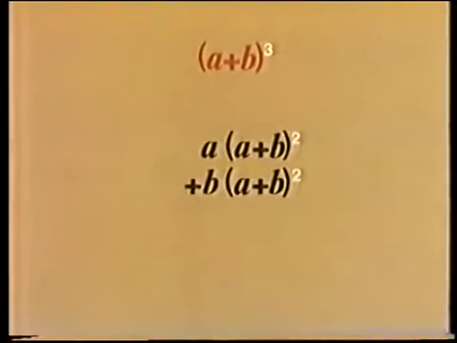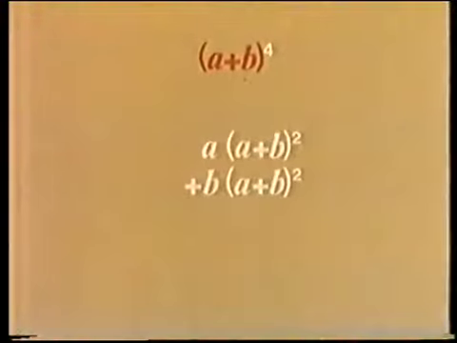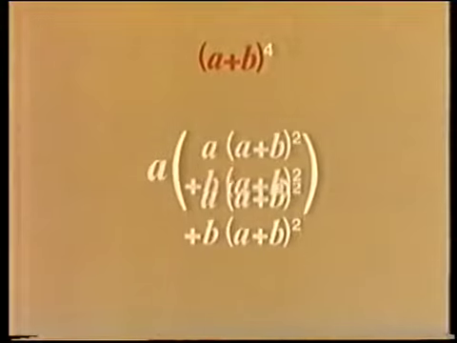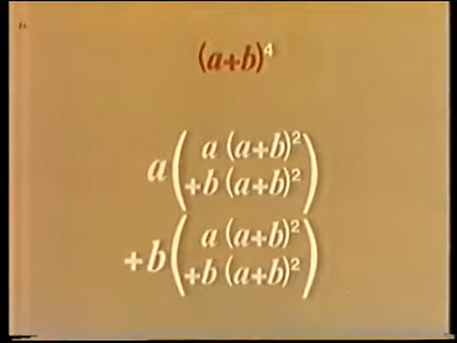We know how to work out the square, so change direction and build up the 4th power, like this. It's a times the cube plus b times the cube. Obviously, you could continue like this and work out a plus b to the 6th, but you can see that already it's getting quite complicated.